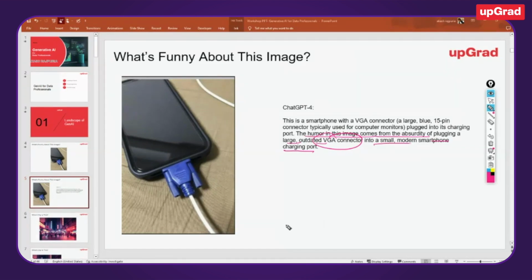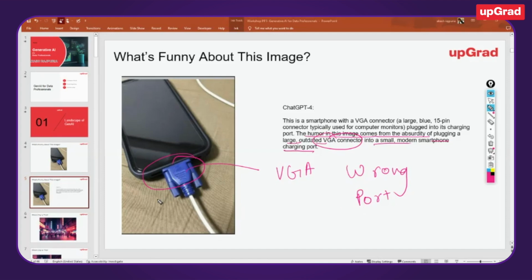Now see why I showed you this image. As a human, all of your attention was completely on this part. You clearly identified that this is a VGA port, or even if you don't know the port name, you identified that this is a wrong port. Exactly that capability computers also have now.